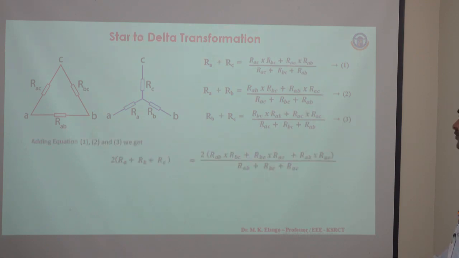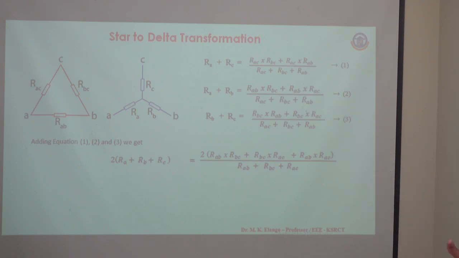Right, here we are adding equations number 1, 2 and 3. On the left hand side we get 2 RA, 2 RB and 2 RC, so 2 times RA plus RB plus RC comes into the picture.